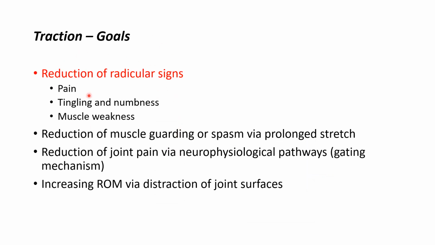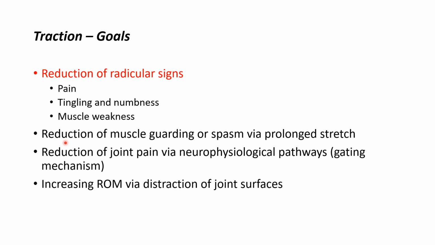And really, in that vein, you're trying to reduce radicular signs, or signs that are associated with nerve pathology. So pain, tingling, numbness, muscular weakness, typically down the distribution of whatever nerve is experiencing that dysfunction or compression.